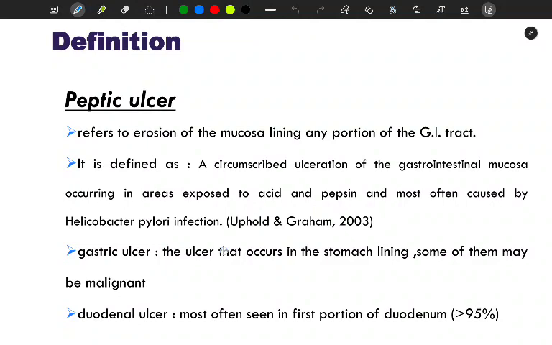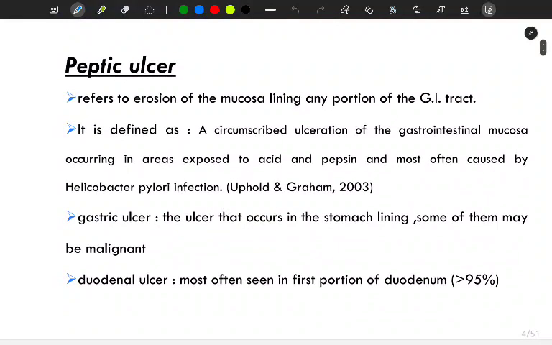Gastric ulcer is the same, but whenever you see a gastric ulcer, take a biopsy because there is a higher chance of malignancy, around 20%. Duodenal ulcer is most of the time in the first portion, and it's 4 times commoner than gastric ulcers.